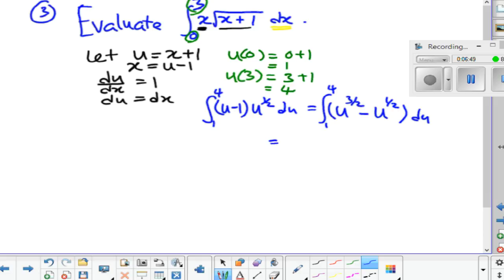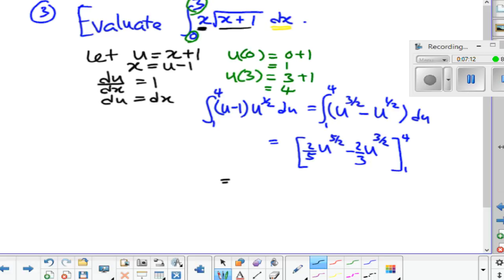Alright, now we do the integration. So u raised to the power of 5 half divided by 5 half, or times 2/5, minus u raised to the power of 3 half divided by 3 half, or multiplied by 2/3. And this is evaluated from 1 to 4.